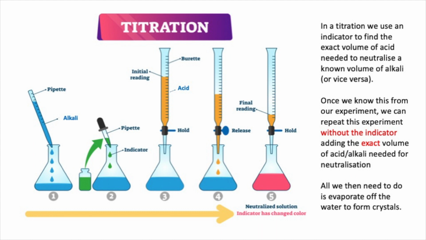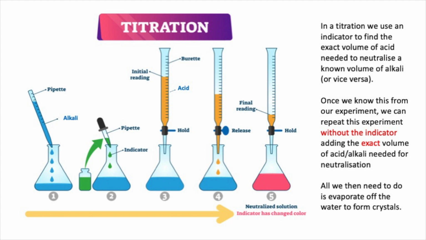So after I've added my indicator to the alkali that's in my conical flask, I fill up my burette with the acid I'm going to use, and I note the initial volume in the burette. Now the burette has volume markings on it, and I can read off the starting or initial volume.